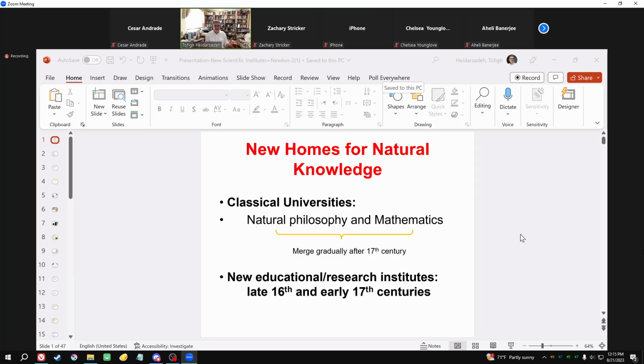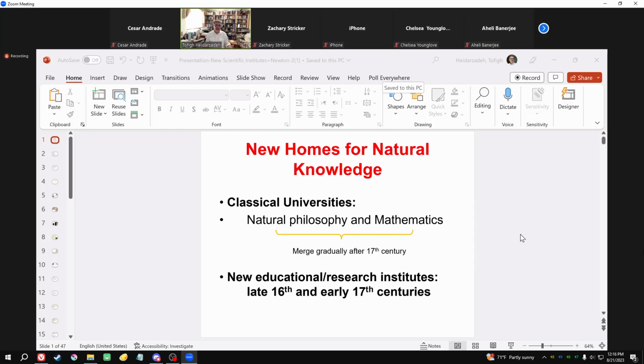His conclusion was when you have a very heavy object, 10 times bigger than the other one, it is 10 times more eager to reach its natural place. And that's why you could conclude that its speed must be 10 times bigger. We already talked about this last time when we were discussing Galileo.